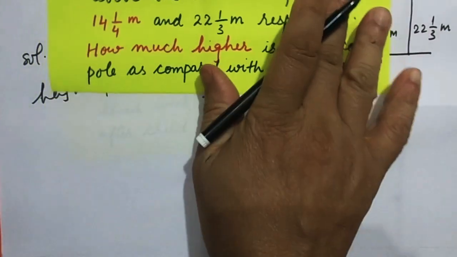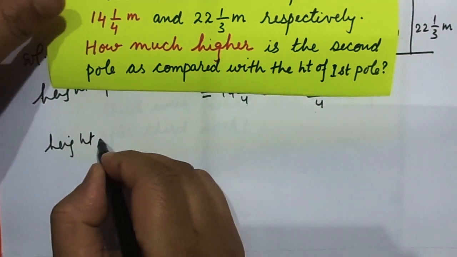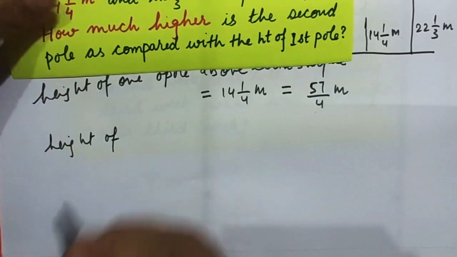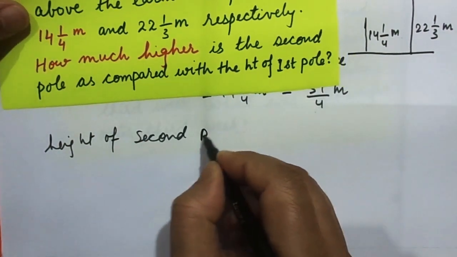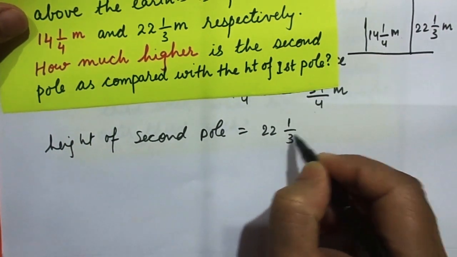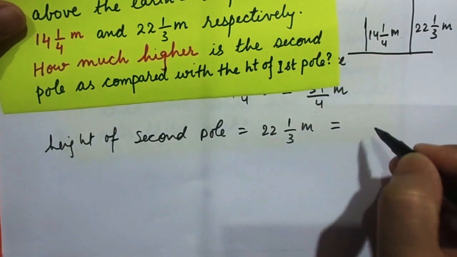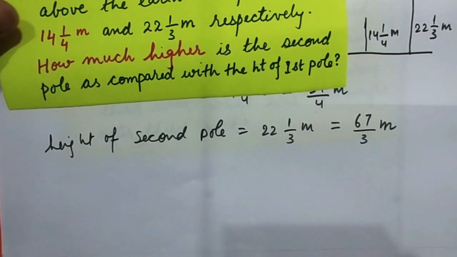Now, the next one: height of second pole is equal to 22 1 by 3 meter, which is equal to 67 by 3 meter.